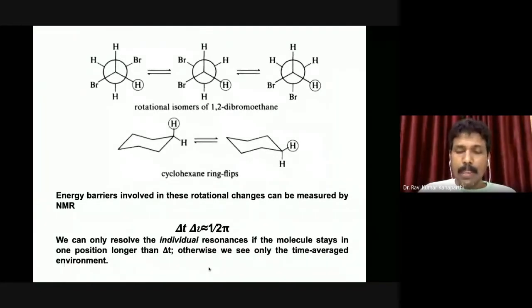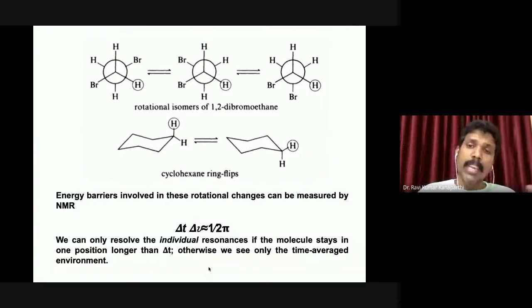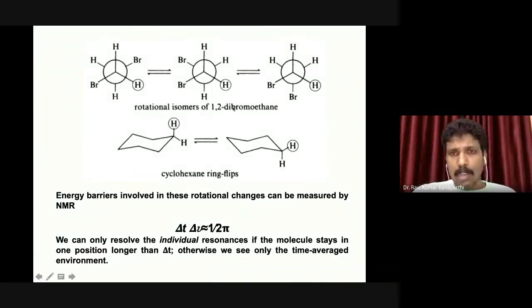But when you lower the temperature to about minus 135 degrees centigrade, one can distinguish the axial proton from the equatorial proton.